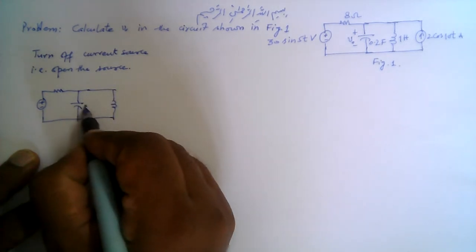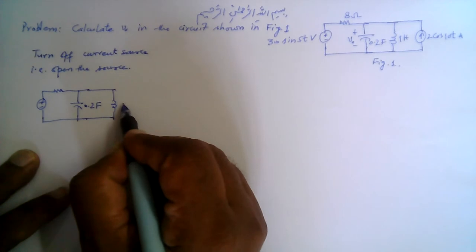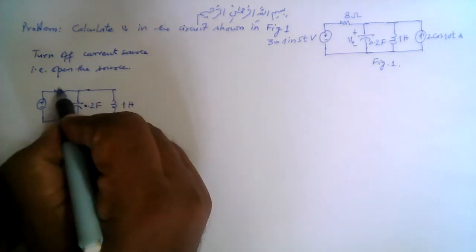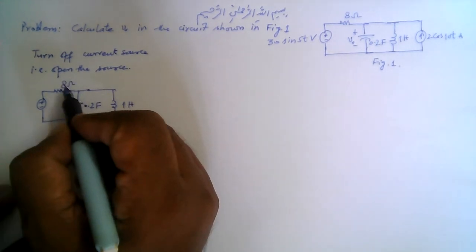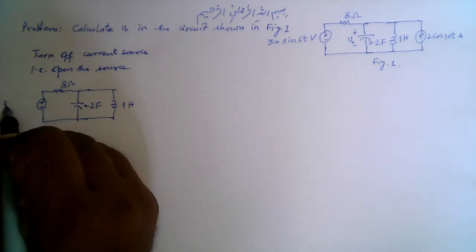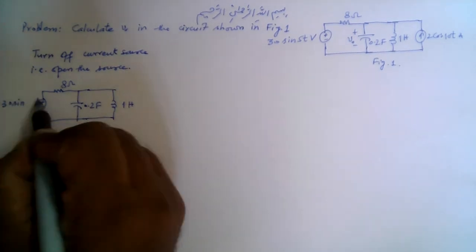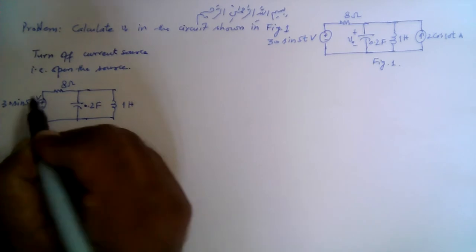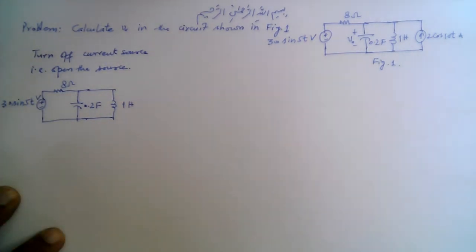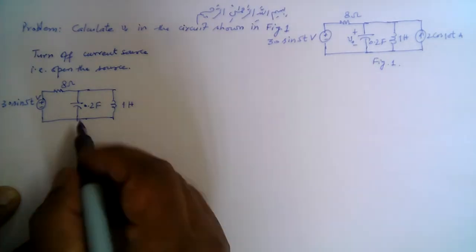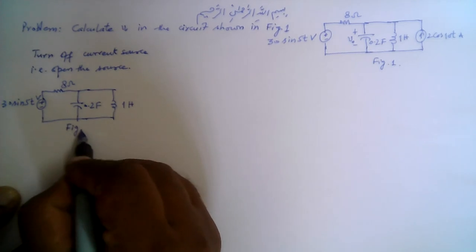So this is 0.2 farad, this is 1 Henry, this is 8 ohm, and this is 30 sine 5t volts, right? So let's call this fig 2.